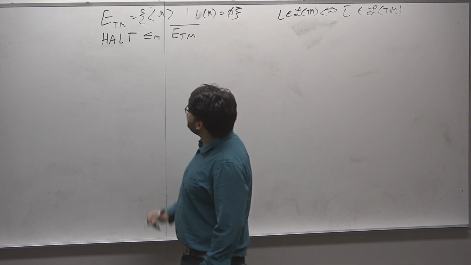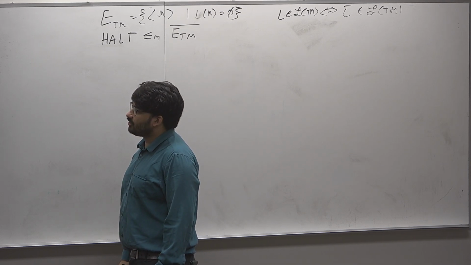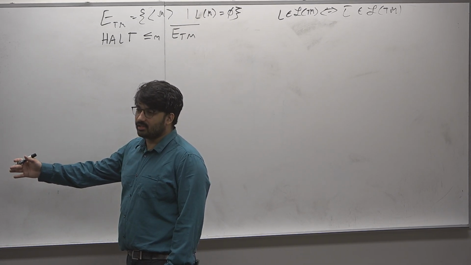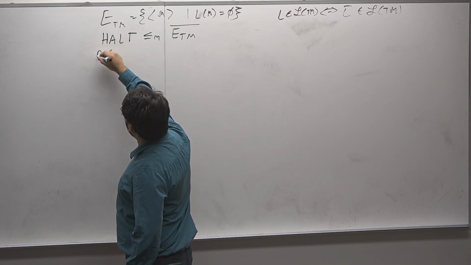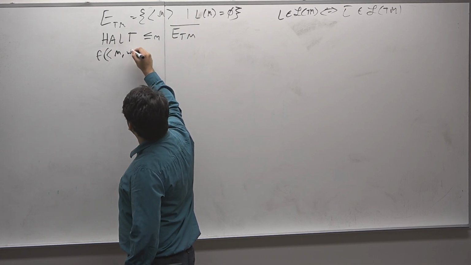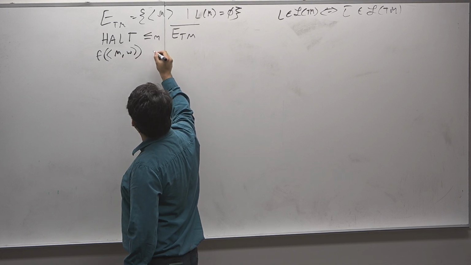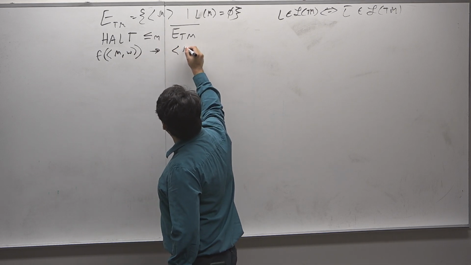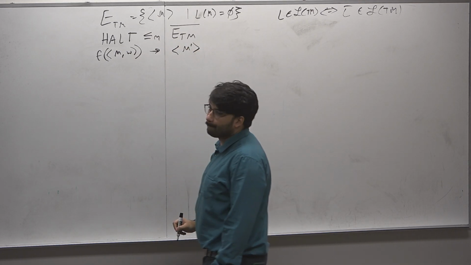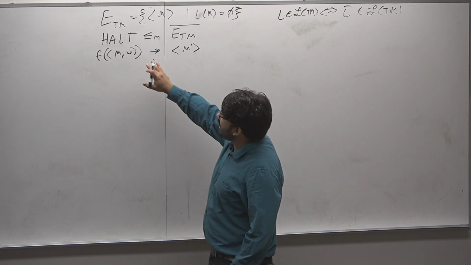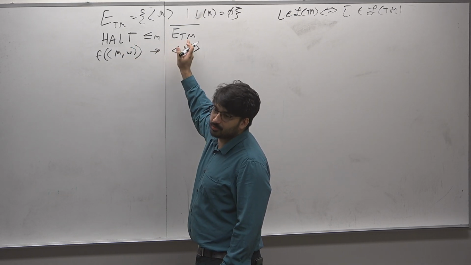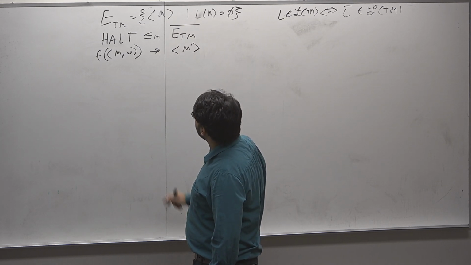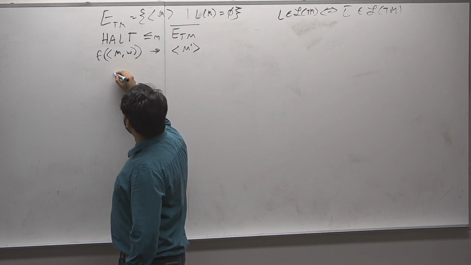Right. What's our reduction going to be? Actually, it's going to be identical. It's going to be, in some sense, the same reduction. We want a reduction that takes as input M comma W and outputs just a single machine M prime. This is the syntax of the two problems. Halt has machine-word pairs. ETM has just machines. So what's our M prime going to be like?